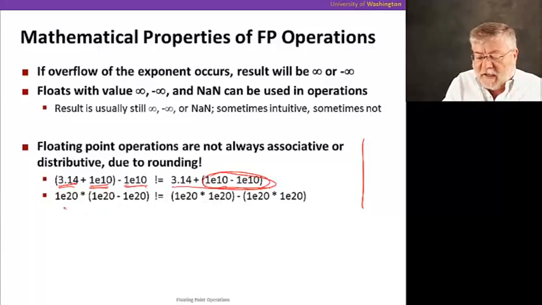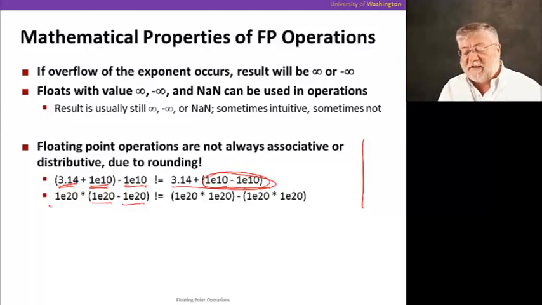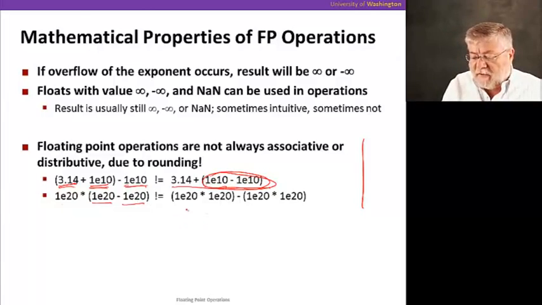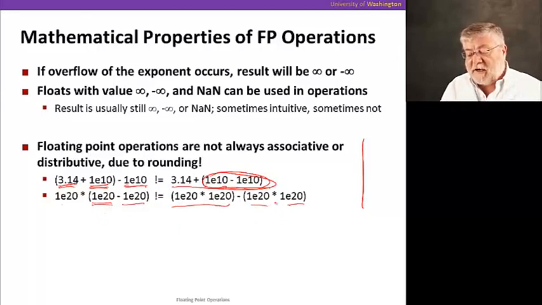Another example is when we have multiplication. Again, we take a large number and subtract the large number. That's a 0. So when we multiply that 0 times a large number, we'll expect to get a 0 result. However, if we do this operation, just applying the distributive law, first we multiply the 1 times 10 to the 20th times the first number in the parentheses, and then we multiply it times the second number in the parentheses before doing the difference.